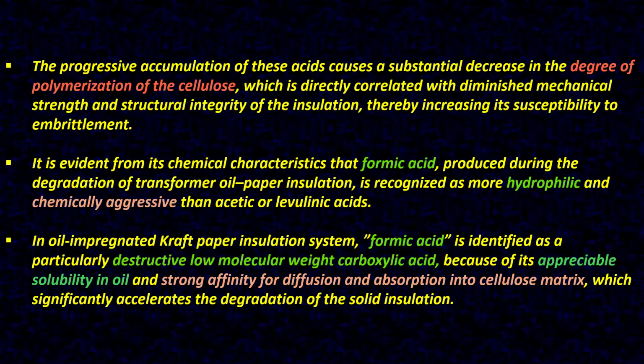It is evident from its chemical characteristics that formic acid, produced during the degradation of transformer oil paper insulation, is recognized as more hydrophilic and chemically aggressive than acetic or levulinic acids.